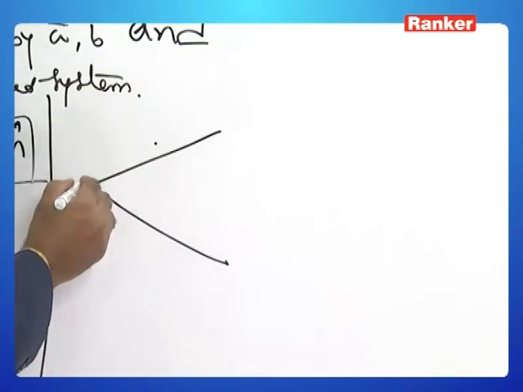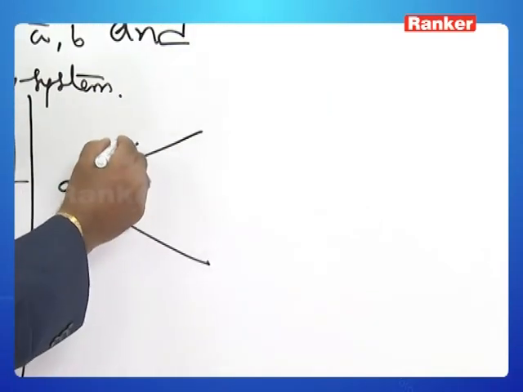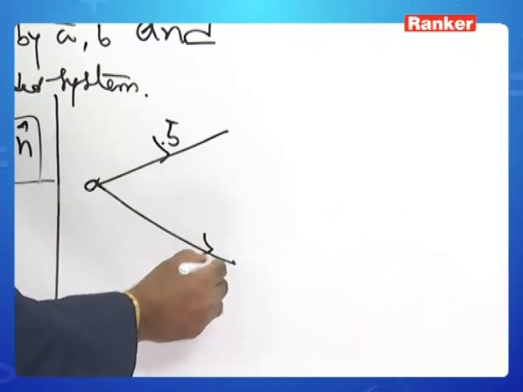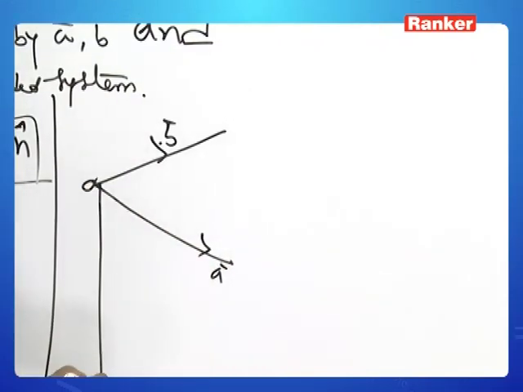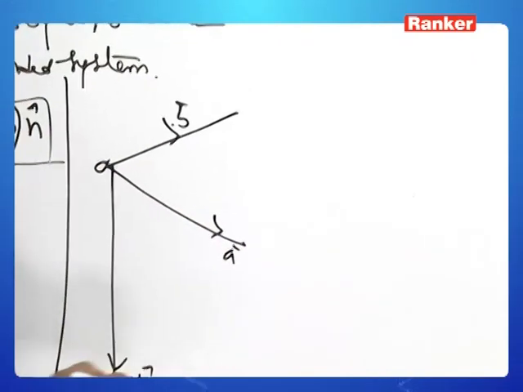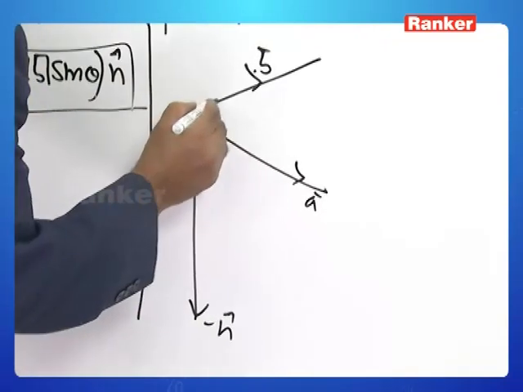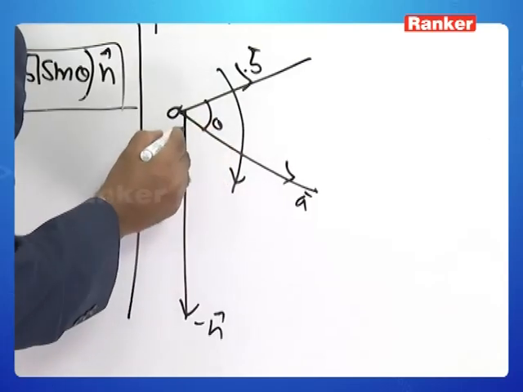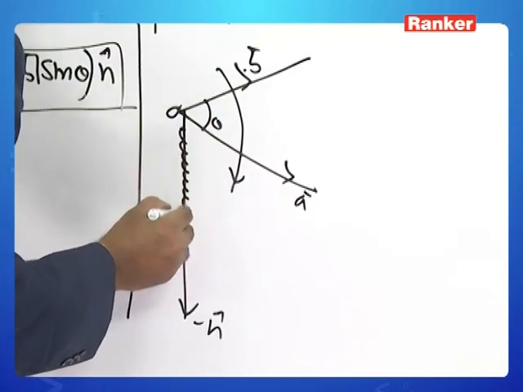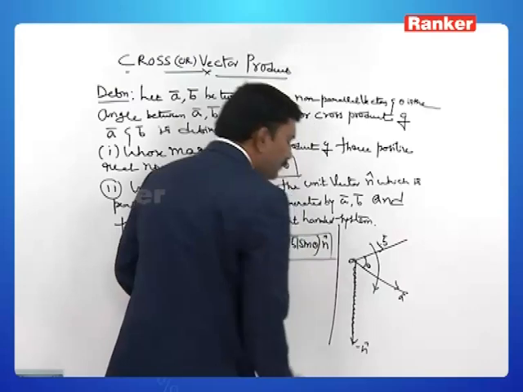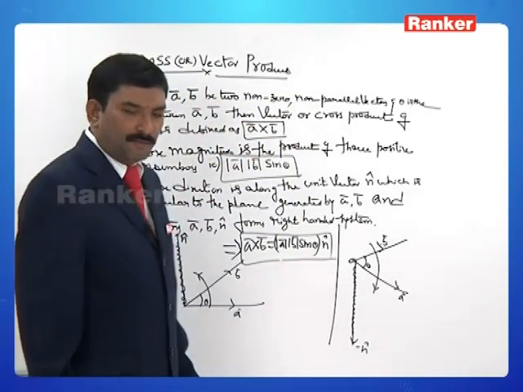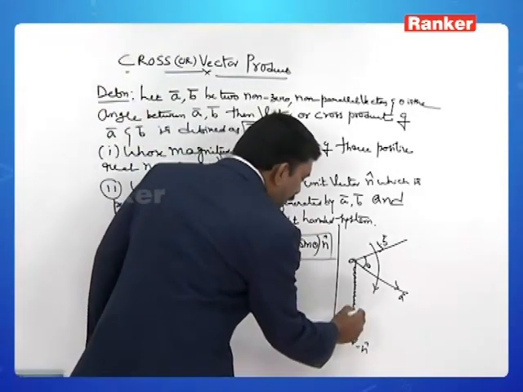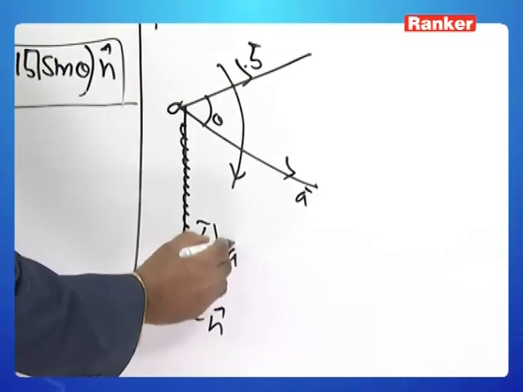This is O, this is B bar, this is A bar, this is the vector minus n cap, like this, theta. So therefore, it will be like this. Therefore, I can write B bar cross A bar.